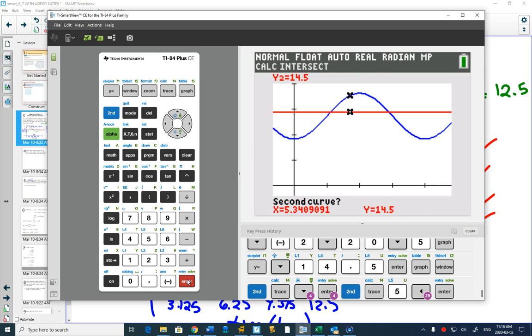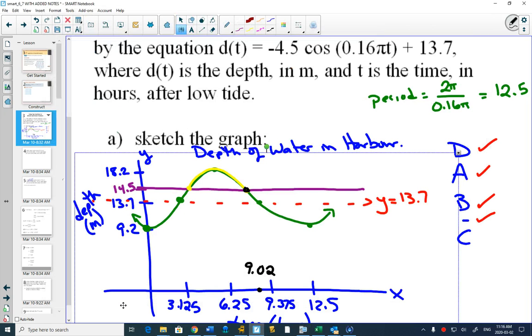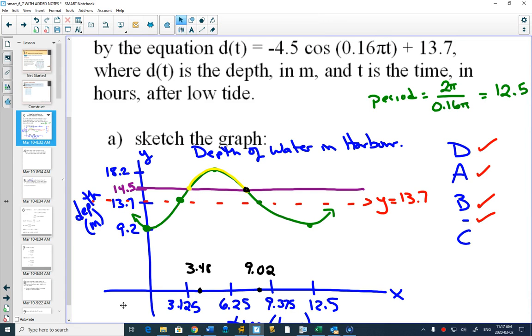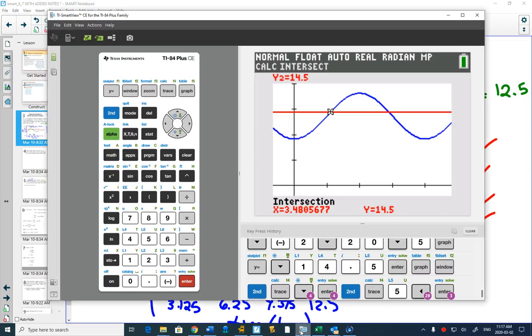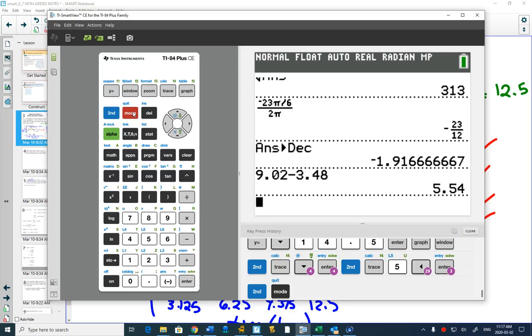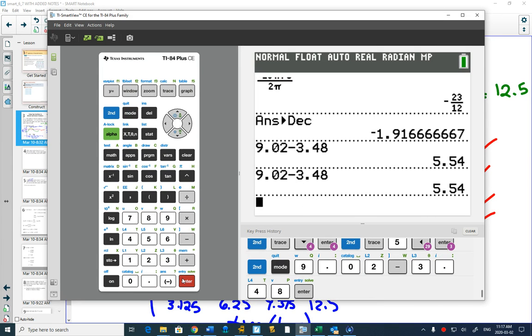Push enter once, enter twice, enter on guess, and 3.48. So if I do 9.02 minus 3.48, it's safe for 5.54 hours.